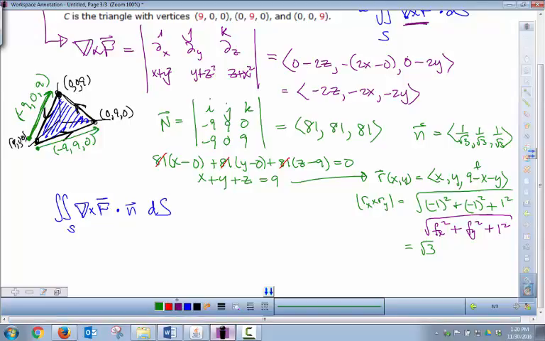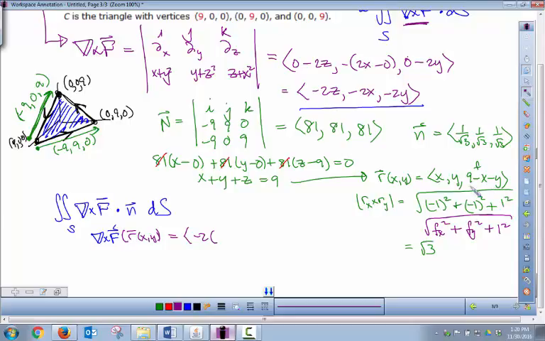Let's see what we got. Let's take a look at F dotted with... so let's take a look at this curl, and let's evaluate it at r of xy. So this is going to be negative 2z.